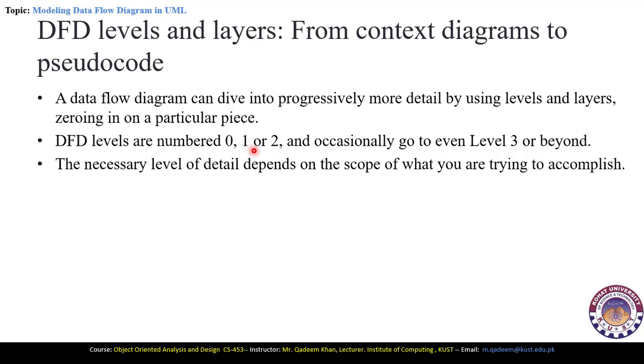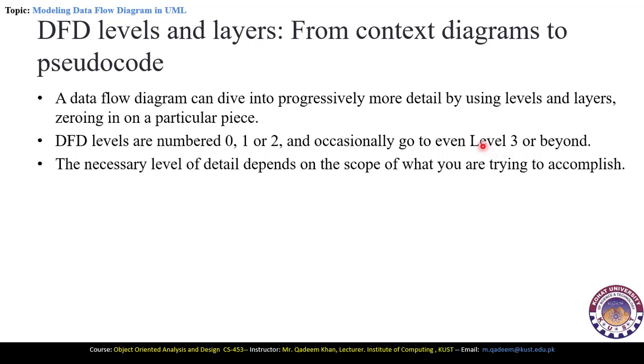The levels of DFD define more details. Level 0 is very much abstract, level 1 is more in the details, while level 2 is much more in the details. Occasionally it goes to level 3, but not always.